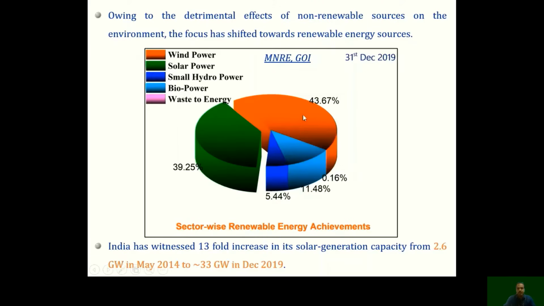As per the 31st December 2019 data, the highest participation among renewable energy sources is wind power, which contributes more than 40%, whereas solar power contributes around 40%. It is a great pleasure to see that India has witnessed around a 13-fold increase in its solar generation capacity, from 2.6 gigawatt in 2014 to around 33 gigawatt in December 2019.